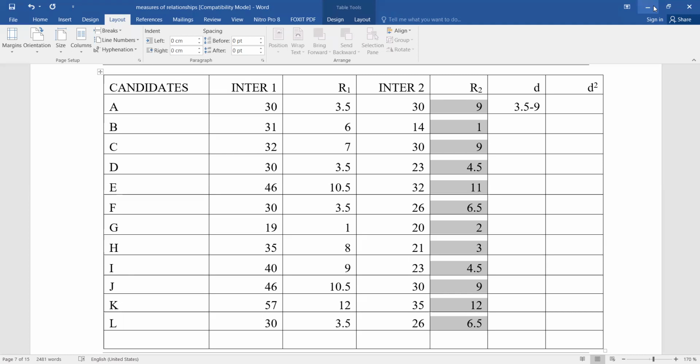So get the differences. After getting the differences, you get the squares. After getting the squares, I just need you to give me the sum of the squares.